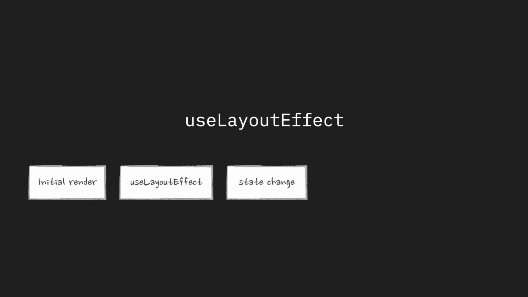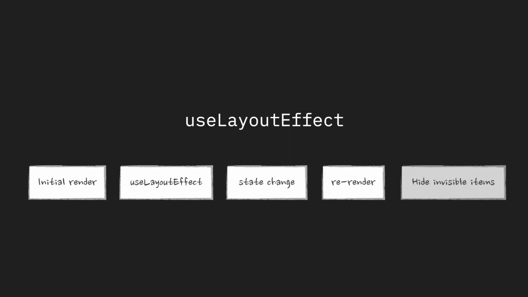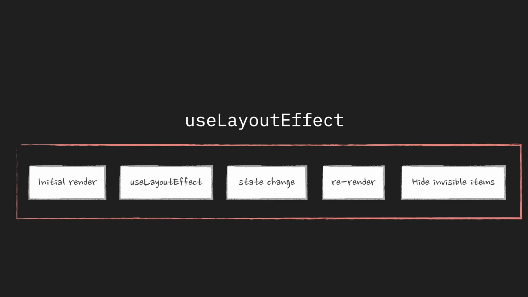It changes state, triggers a re-render, and during the re-render, we update items and hide those that we consider invisible, basically removing children from the div. All of this is within the same task. The browser just patiently waits until we're done with whatever we're doing and gives us the final result, without the invisible items.